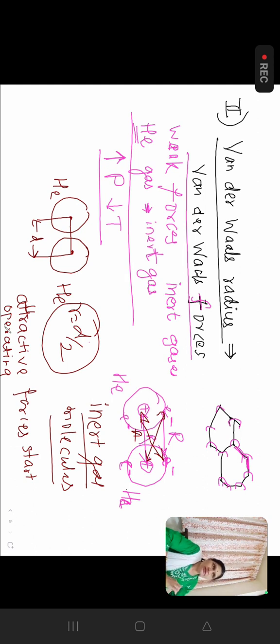Attractive forces are present between the nucleus of one atom and the electrons of the other atom. But there is some limit.